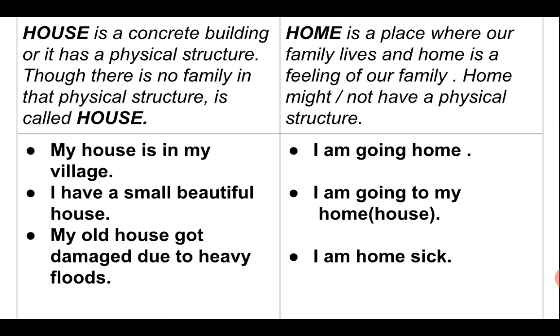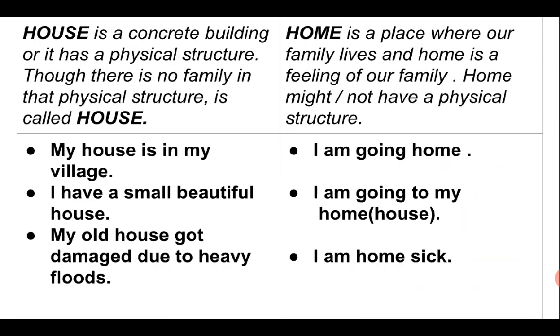Now, what I want to do is compare the first and second example. In the first example, you're saying I'm going home. I'm going home means I'm going to a place where my family lives.